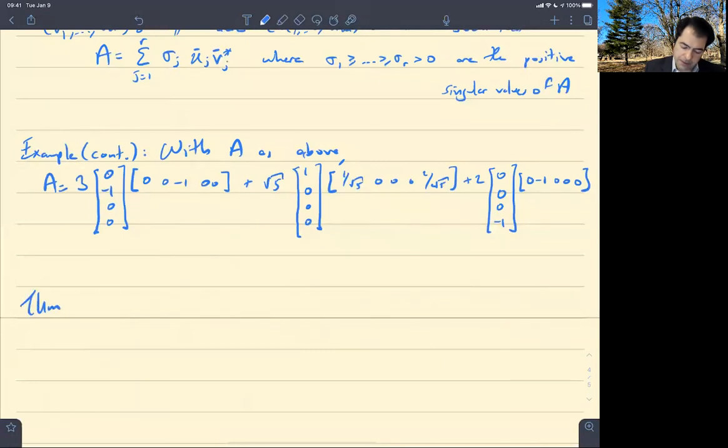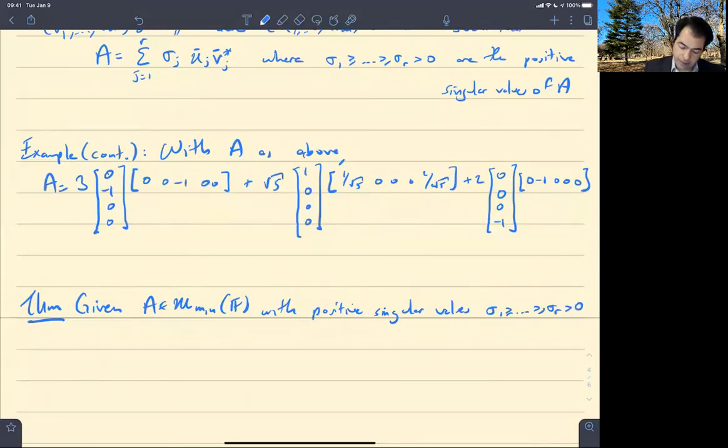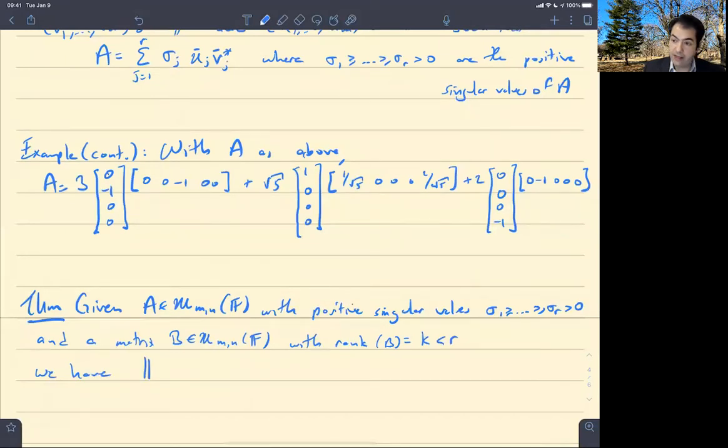So let's state this as a theorem. Given a matrix A of size m by n, with positive singular values sigma 1 through sigma r, and a matrix B of the same size, with rank of B equal to K, let's say strictly less than R, we have that the operator norm of A minus B is at least sigma K plus 1.